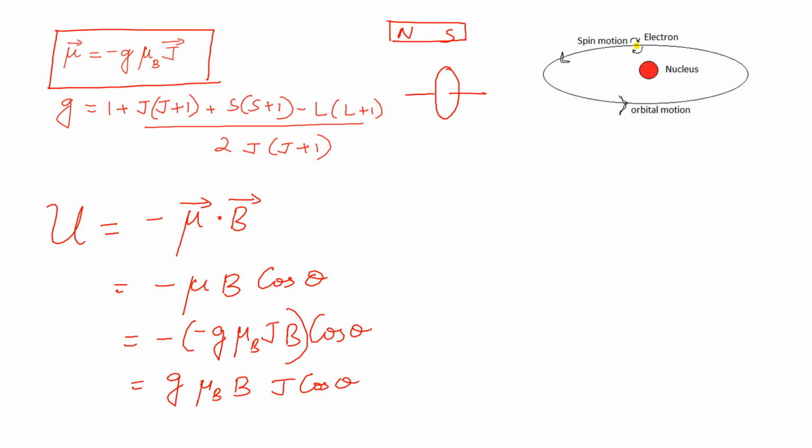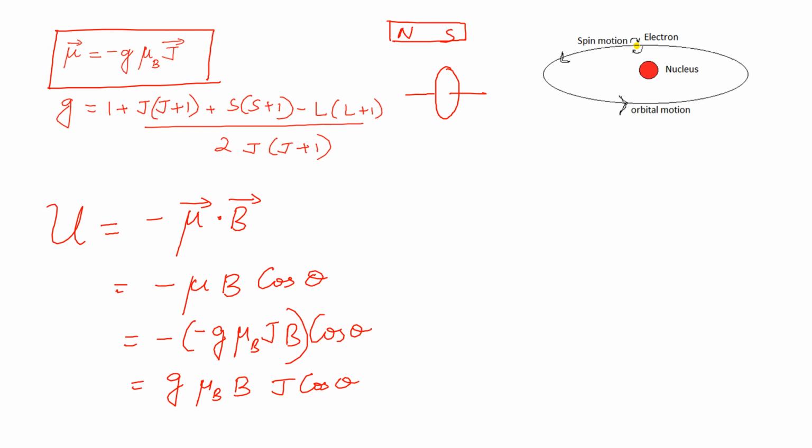The reason is the movement of electrons around the atom. One is the revolution or orbital motion of electrons, and the other is the spin motion of electrons. Due to that, the atom possesses a dipole moment mu equal to minus g mu B j, where g is the Landé g factor.